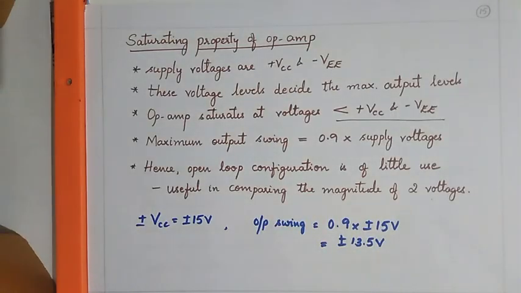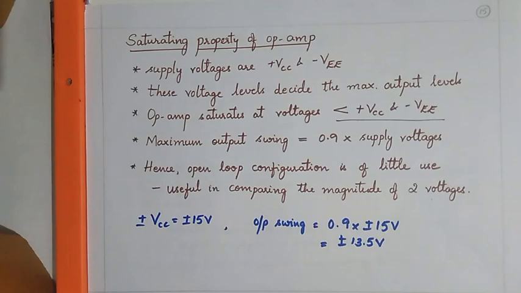Moving on to the next topic, the saturating property of the op-amp. The supply voltages of the op-amp are plus VCC and minus VEE. These supply voltages decide the maximum output voltage levels of the op-amp.